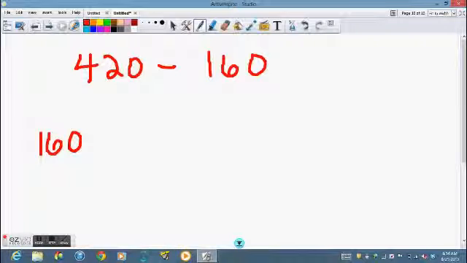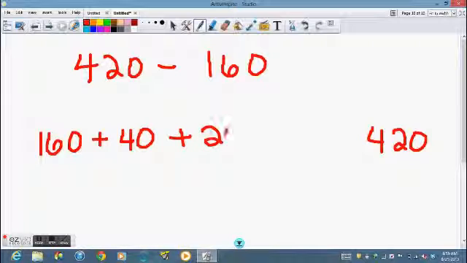And then I would need to add 20, and that would get me to 420. Now, what did I have to add altogether to get from 160 to 420? Well, I had to add 40 plus 200 plus 20, which is a total of 260. So that is the answer to my problem.